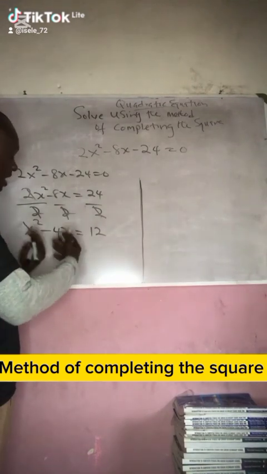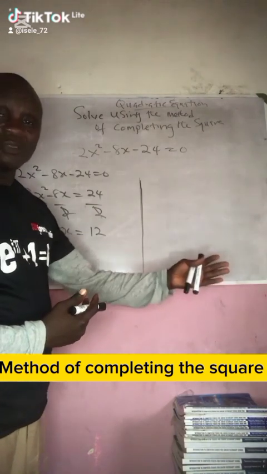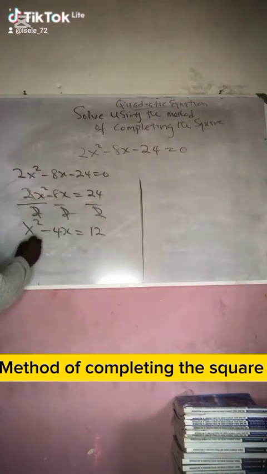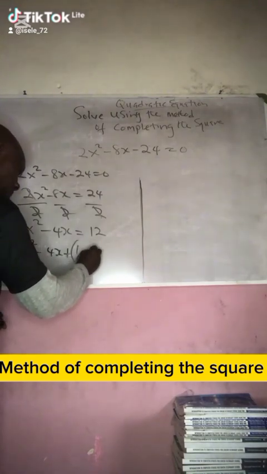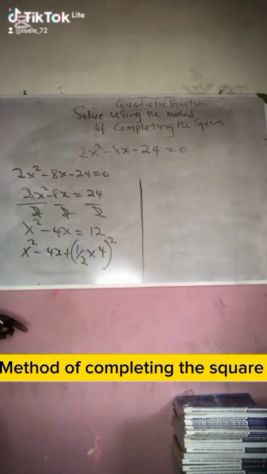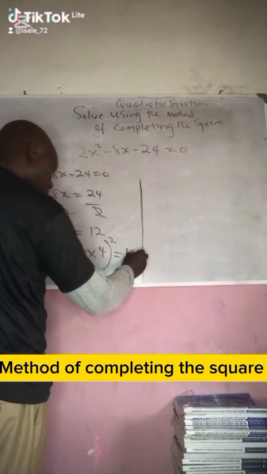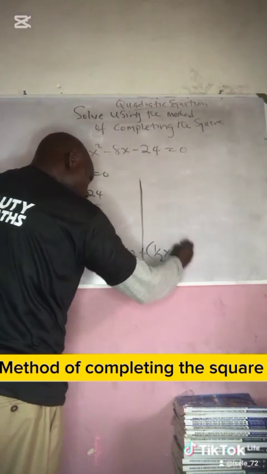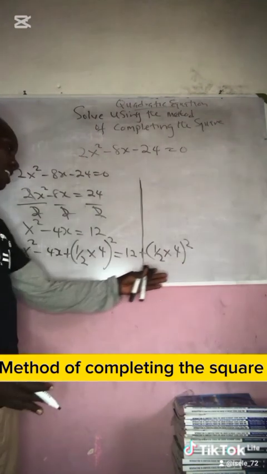That is, whatever you do to the left-hand side, you do to the right-hand side. So x squared minus 4x plus half times 4 all squared is equal to 12 plus half times 4 all squared.